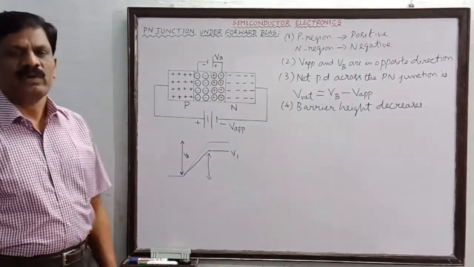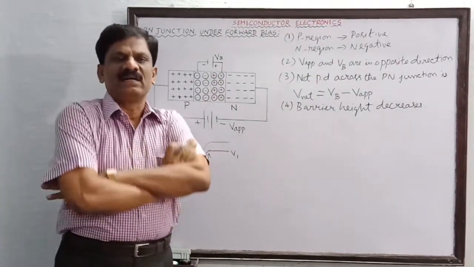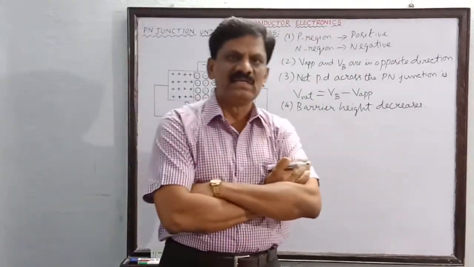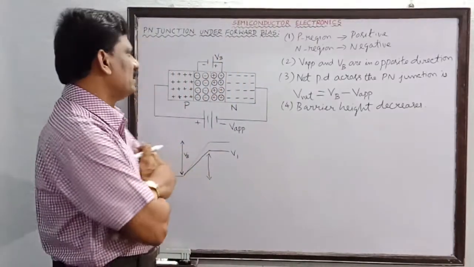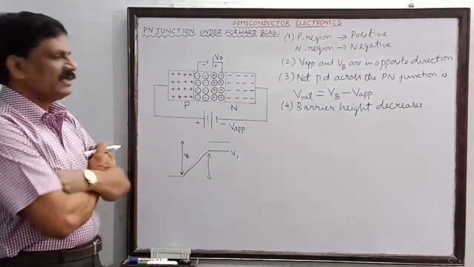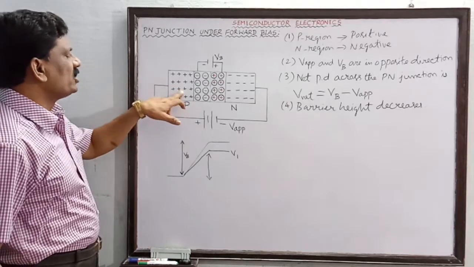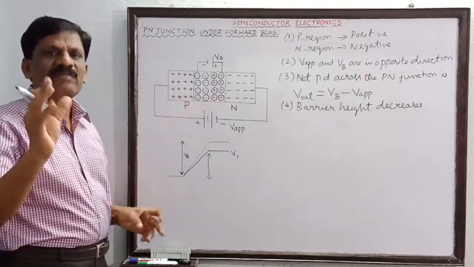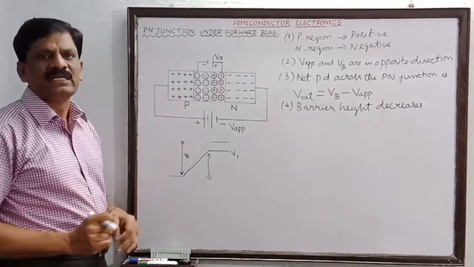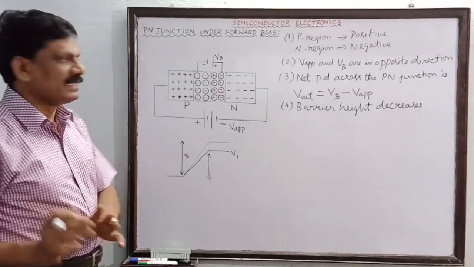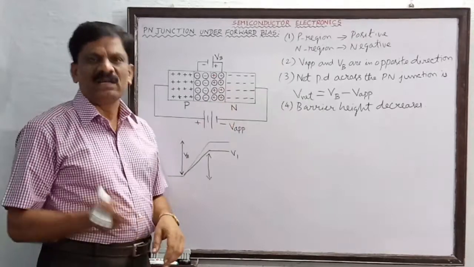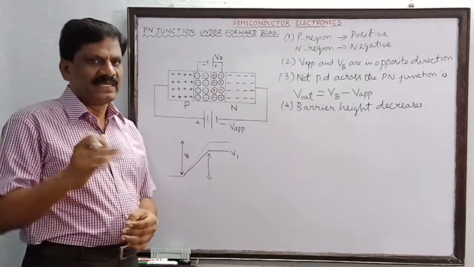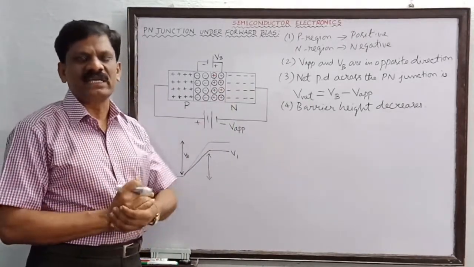Now, what is the second set of points of great importance, my dear students? What is the second set of points we are going to see? The majority charge carriers in the P region are the holes, so the number of holes present in the P region is more. At the same time, in the N region also holes are present, but as minority charge carriers.